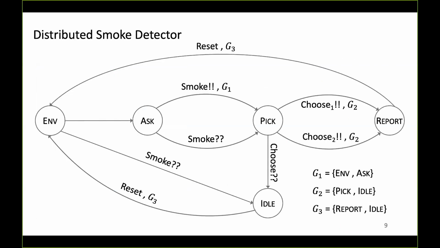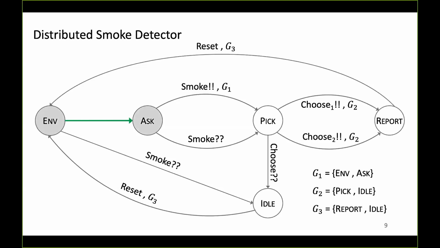Let us examine one system that we can capture in the GSP model. Consider this smoke detector application where, upon detecting smoke, a set of processes coordinate to pick up to 2 processes to report the smoke to the fire department. All processes start in the initial state inv, and the internal transition from inv to ask models that a process detected smoke.